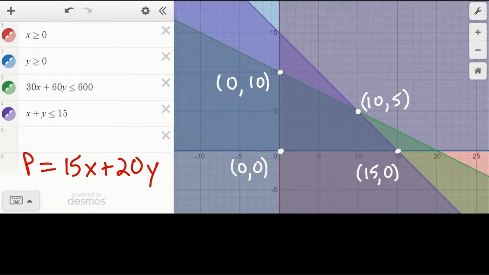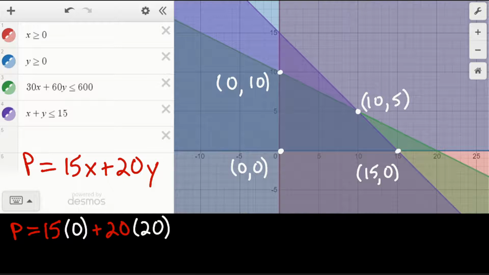So we have profit is equal to 15 times, and I'm going to start with the point 0, 10. So 0 plus 20 times 10, whoa, 20 times 10, not times 20. So that would turn out to be 200. So in that case, profit equals 200.